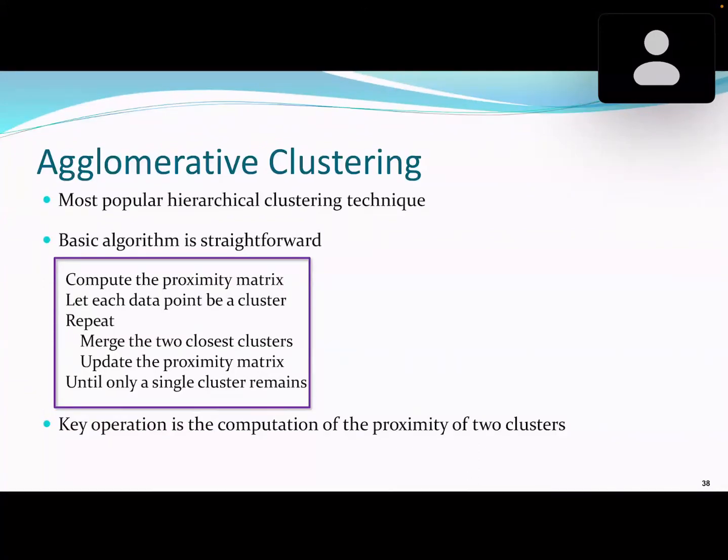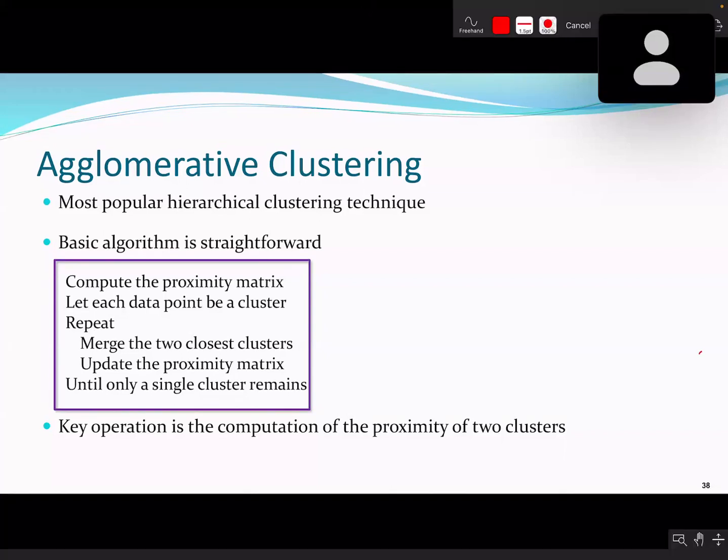So here, let me further illustrate agglomerative clustering. This is the most popular hierarchical clustering technique. The basic algorithm is extremely straightforward. So let me go through this very quickly. First, we compute a proximity matrix of the data objects. And then we let each data point be a cluster by itself. And then we iterate. We repeat the following steps.